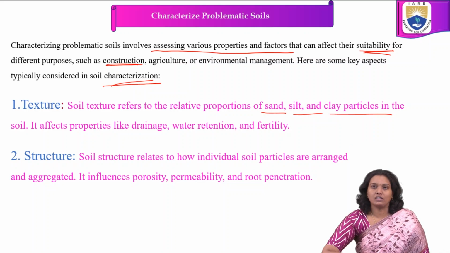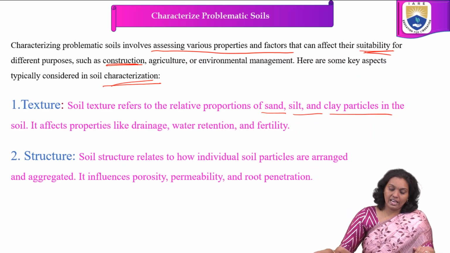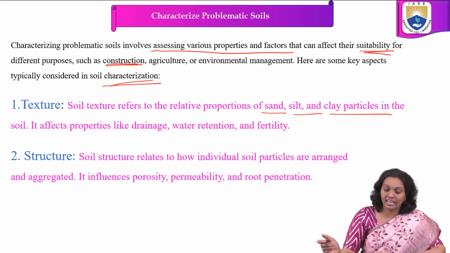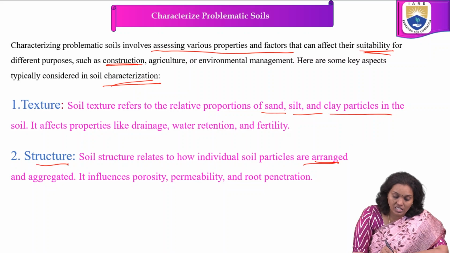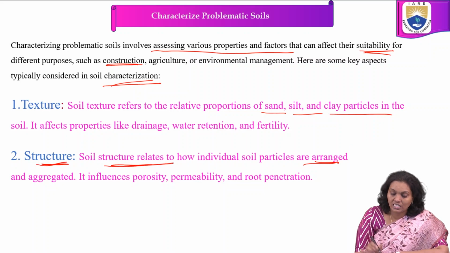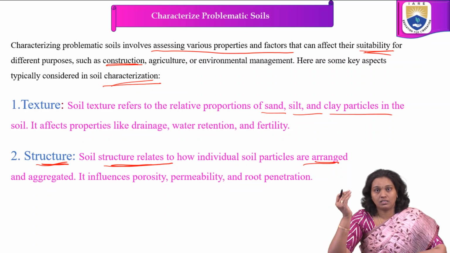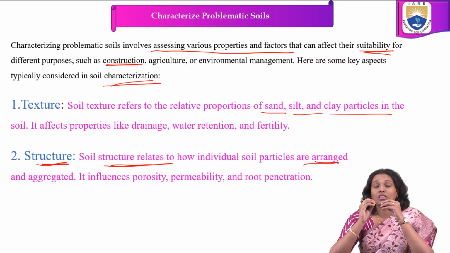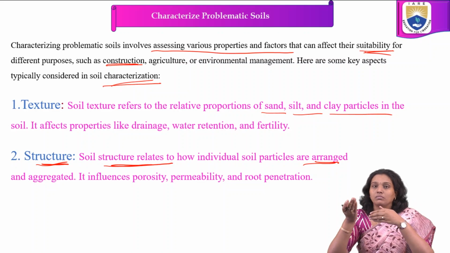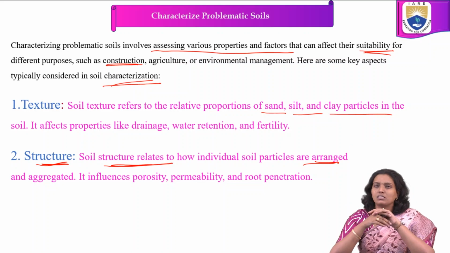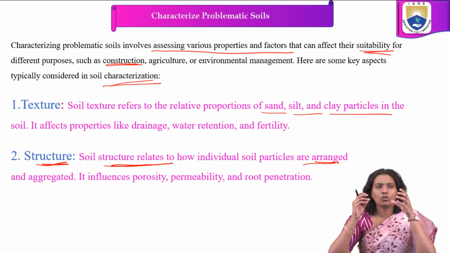Soil structure relates to how individual soil particles are arranged and aggregated. It may depend upon the size of the soil and the next layer of soil, how they merge and how they differ.